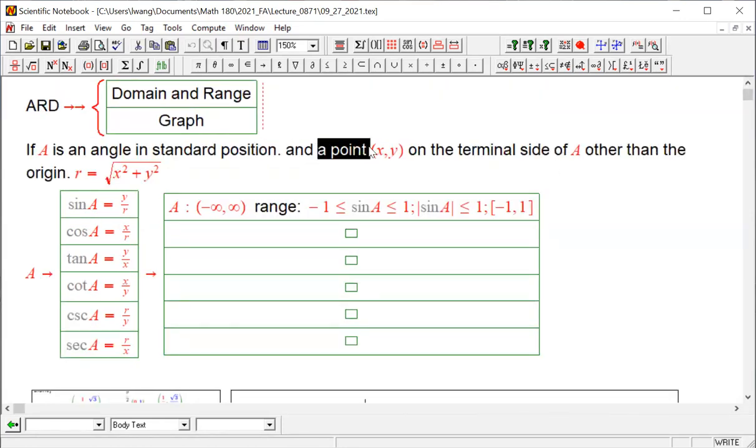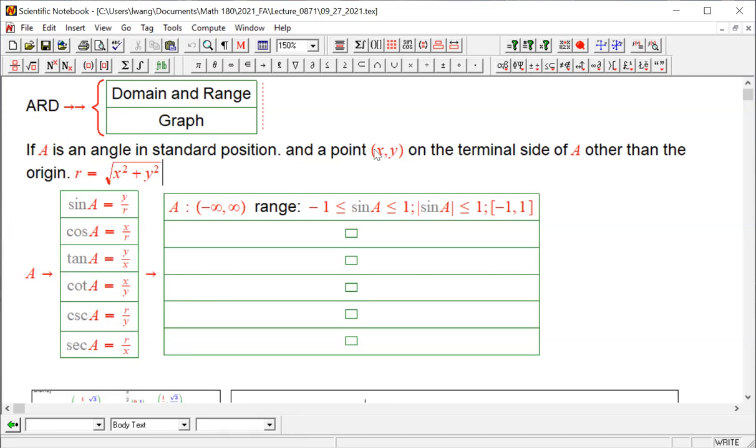And you can see it says a point. It didn't say the point, so that shows the arbitrary nature of the choice of the point. A point on the terminal side of A, other than the origin. We have been going back to these sentences over and over. Why? It's necessary.